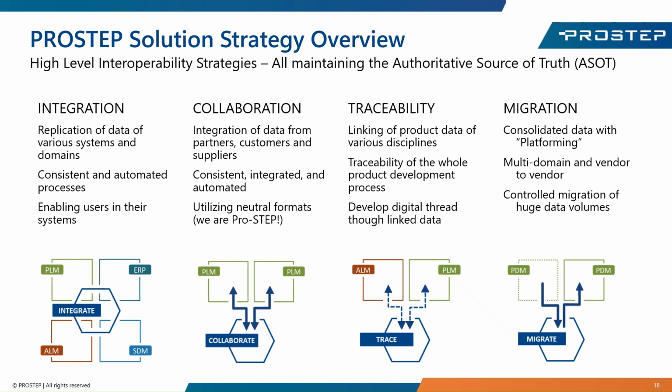You export from one system, map it, and import to the next. A lot of traditional integrations, like a PLM ERP integration, use this strategy where you might have a part and a bill of materials in your PLM system. You export that, you map that to materials and BOM, and you import that into your ERP.